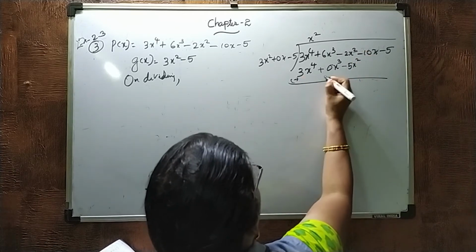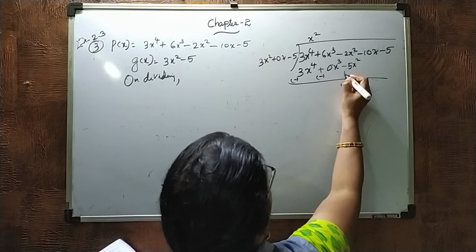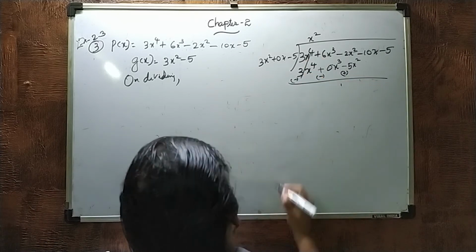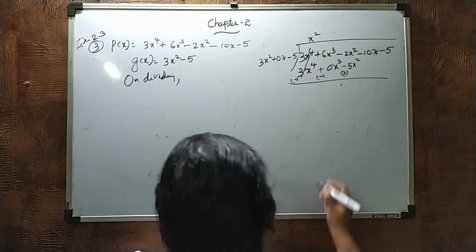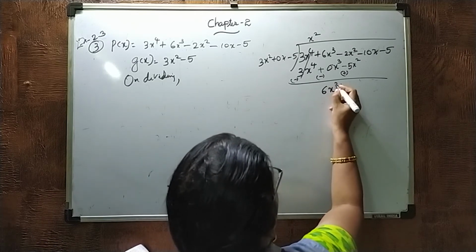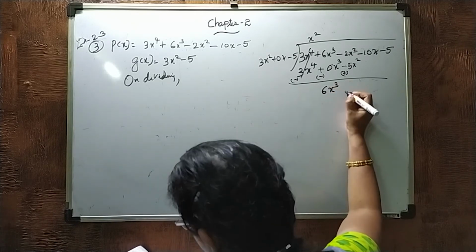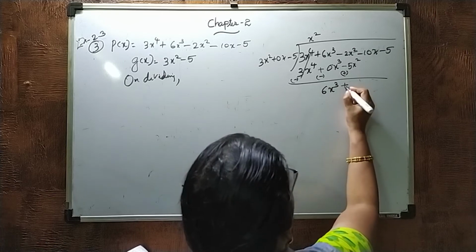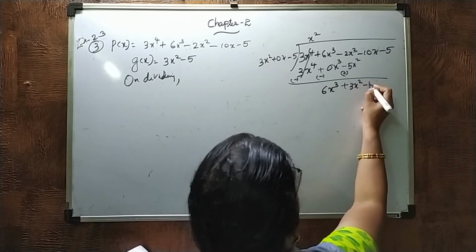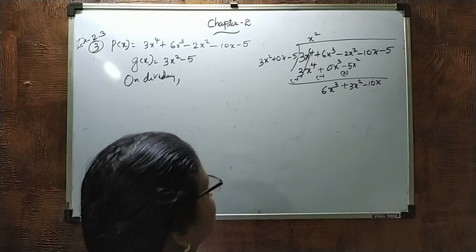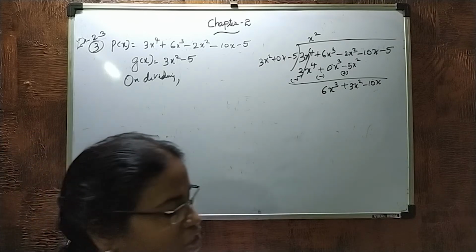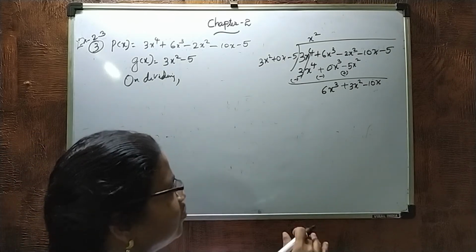Then take the additive inverse. It will be cancelled, and here you will get the answer 6x cube and then plus 3x square minus 10x. So next one again 6x cube divided by 3x square. Already you know everything, this time do it fast.